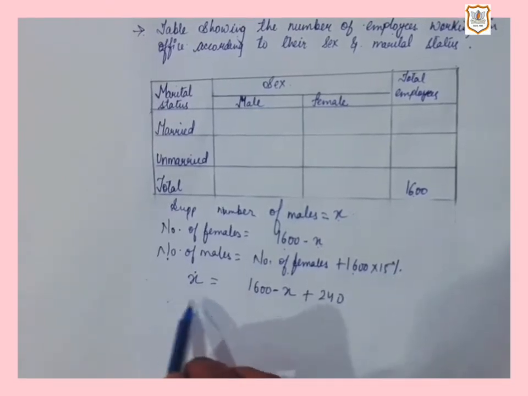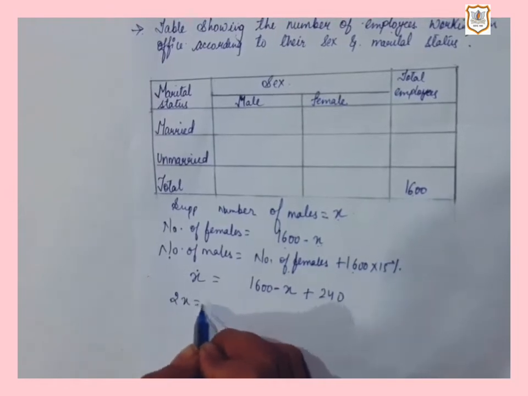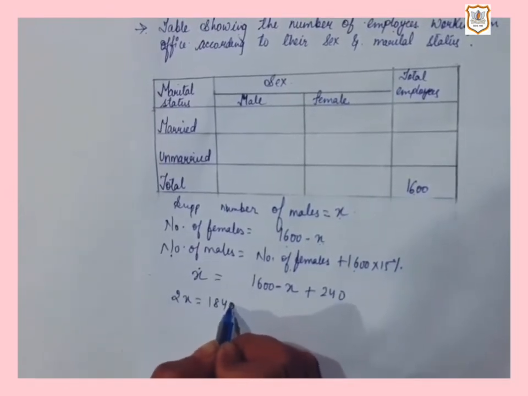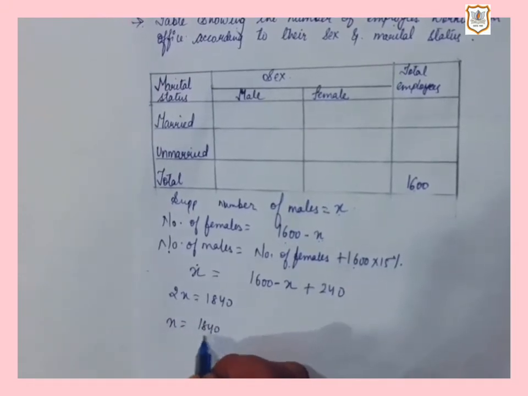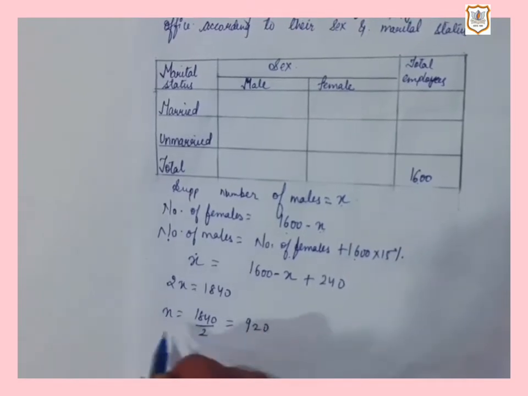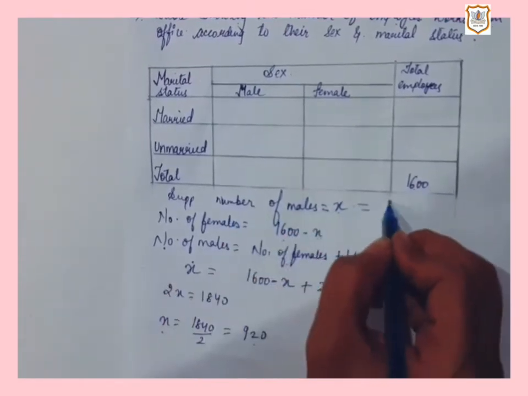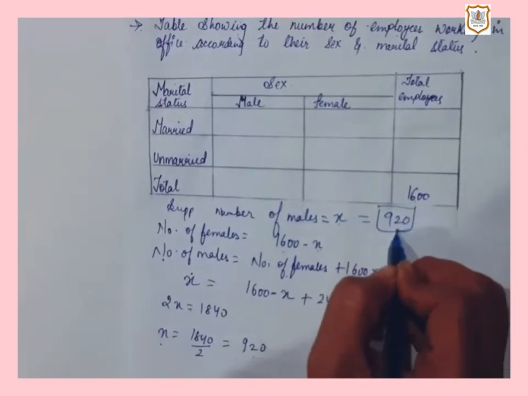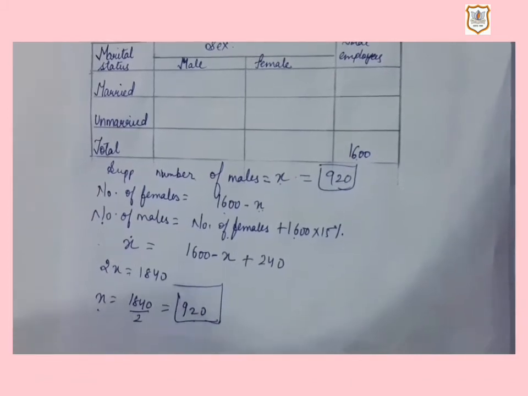Now if we solve this equation, we get 2X is equal to 1840. That means X is equal to 1840 divided by 2, which gives you 920. So X is equal to 920, which means the number of males is 920.